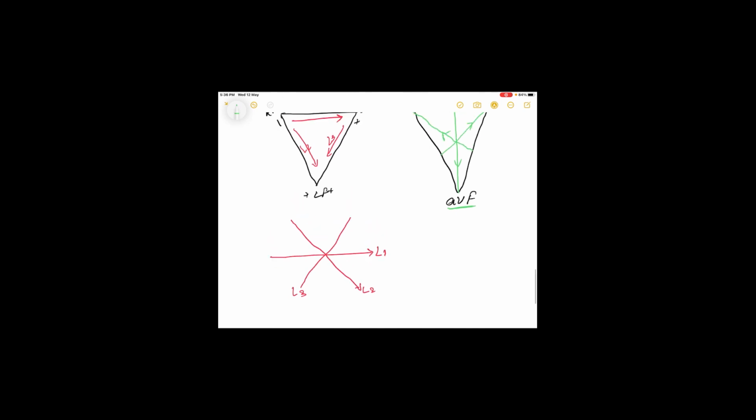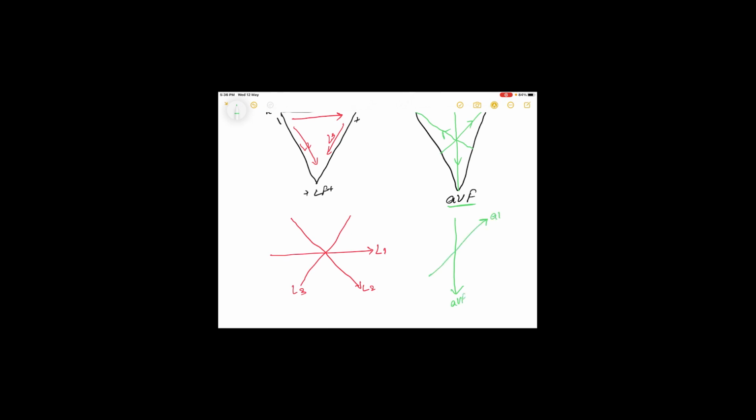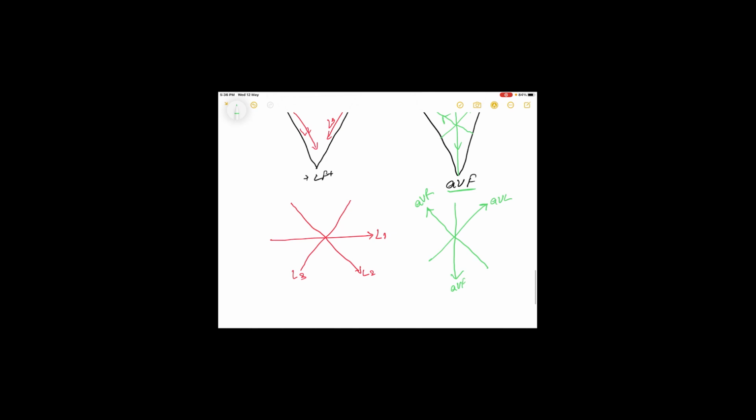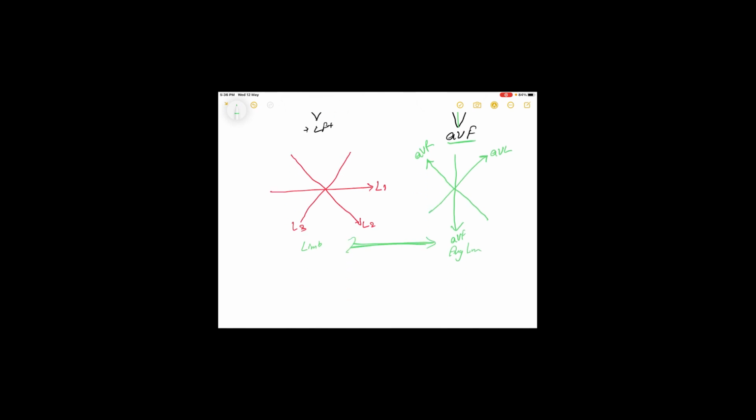So we'll bring this to the axis system now: AVF, AVL, AVR. So these are the axis systems of limb leads and augmented limb leads. We have to superimpose these two so that we get the cardiac axis system.